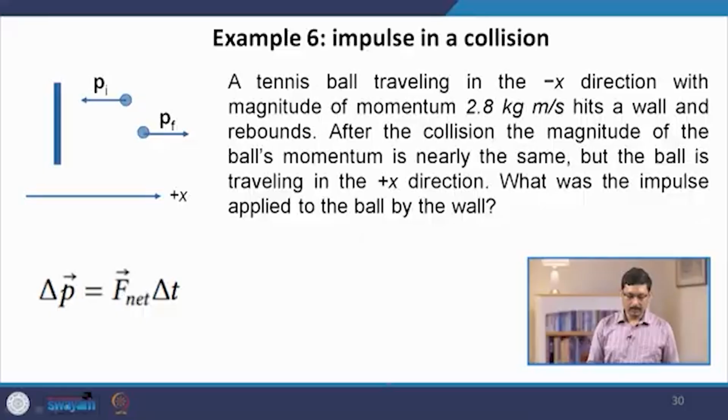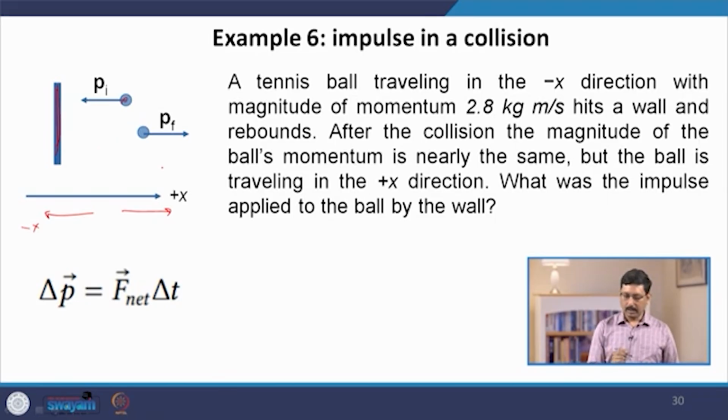In this example there is a wall, and a tennis ball which is travelling in the negative x direction. This is the positive x direction and this is the negative x direction. The tennis ball hits the wall and then bounces back.